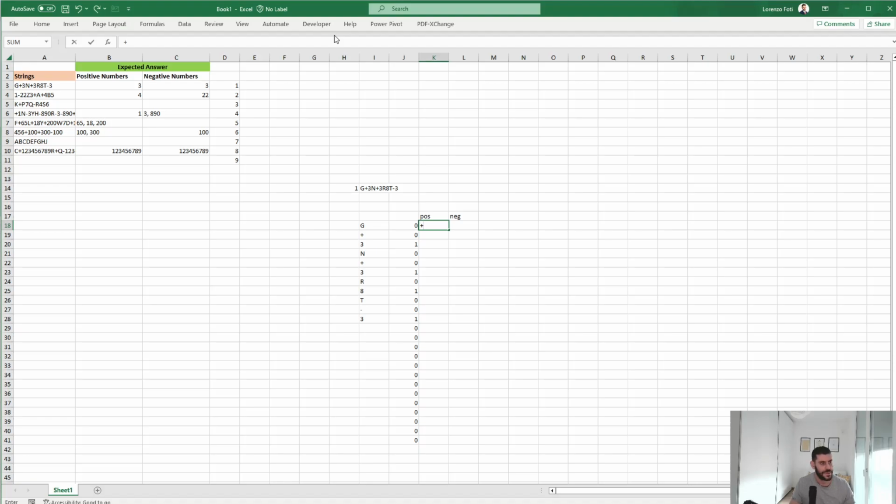So it cannot be the first one because the first one cannot be preceded by a plus or minus, so we'll say if this equals 1, then filter of this including this equals 0.